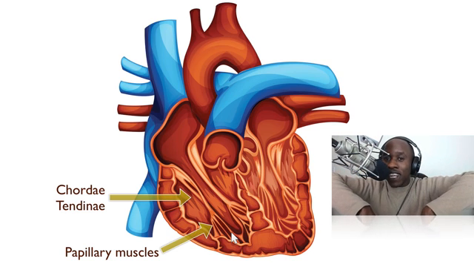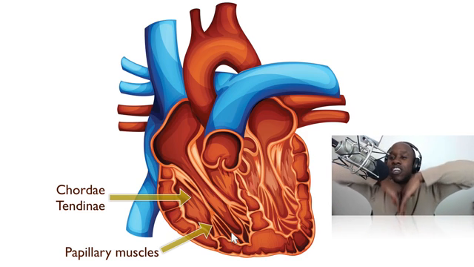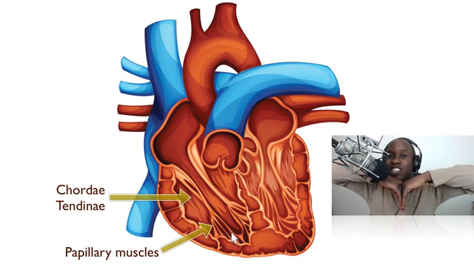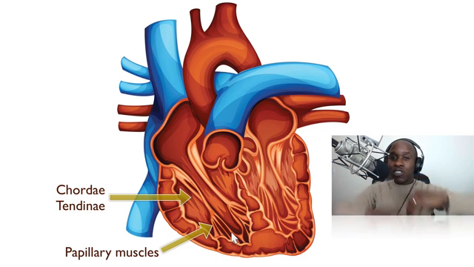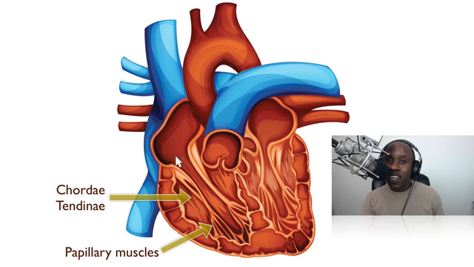When the ventricles contract, those valves are going to close because you're applying pressure to those valves, and you want those valves to close between the atria and the ventricles so that the blood can flow in one direction, and that in this case on the right side is into the pulmonary arteries.